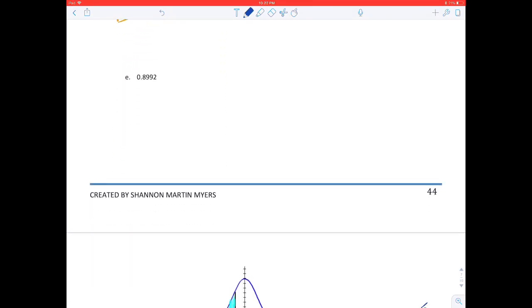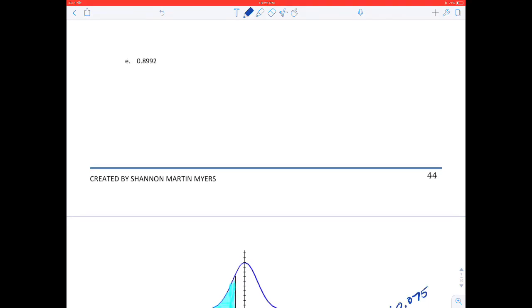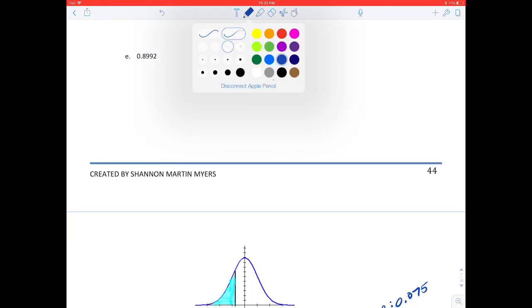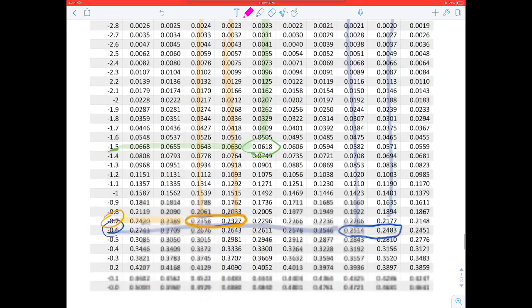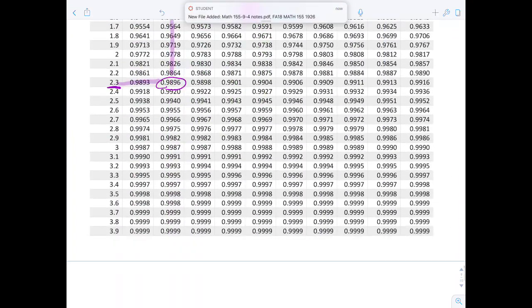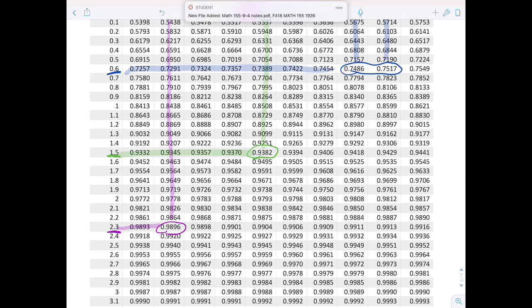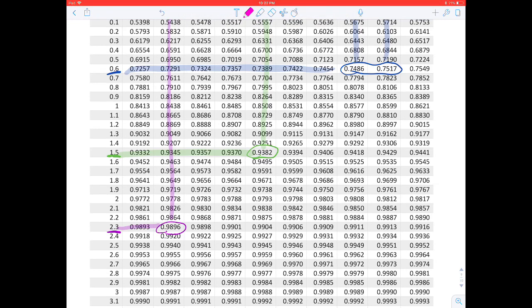Okay, and then let's take a look at an area of 0.8992. All right, so here, I'll find a different color. We'll do pink. So 0.8992 is going to be on the positive side. It's going to be between these two, all right?